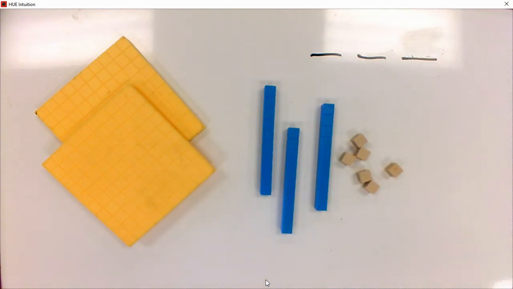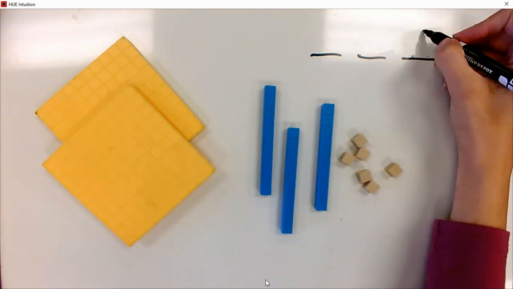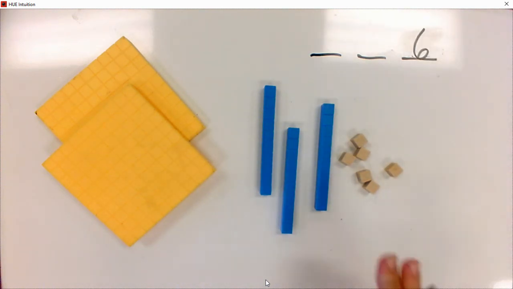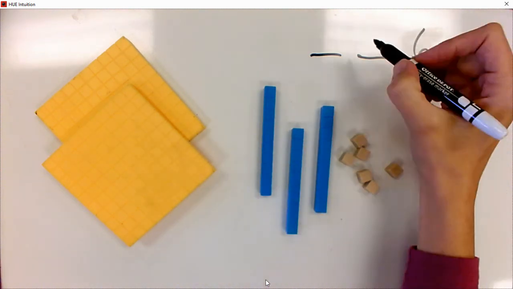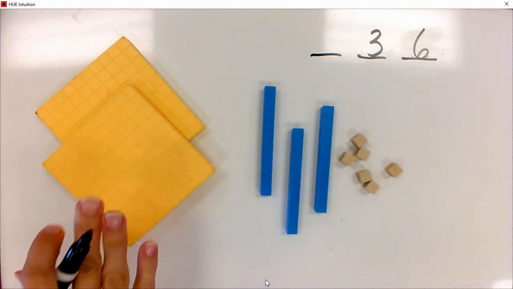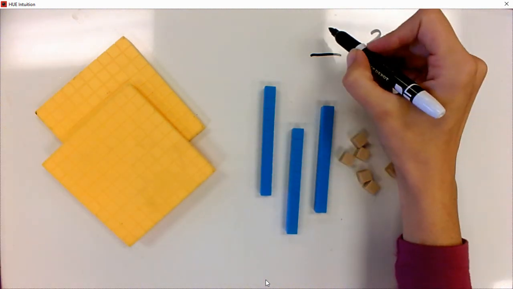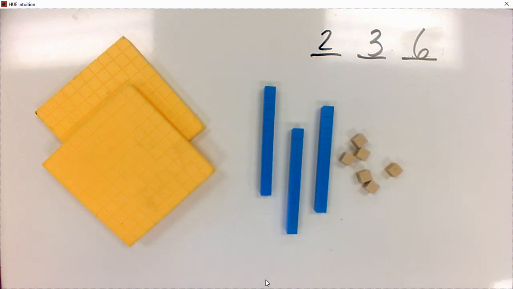Now I should be able to write this number because I only have 6 ones, and I can put a 6 in the ones place. I have 3 tens, and I have 2 hundreds. This was the number 236.